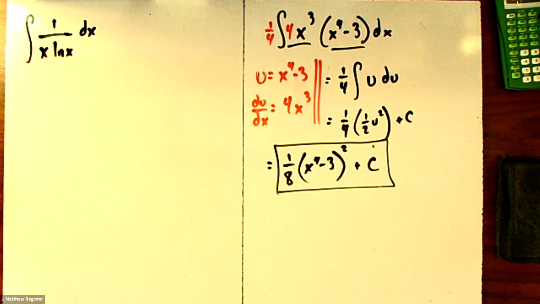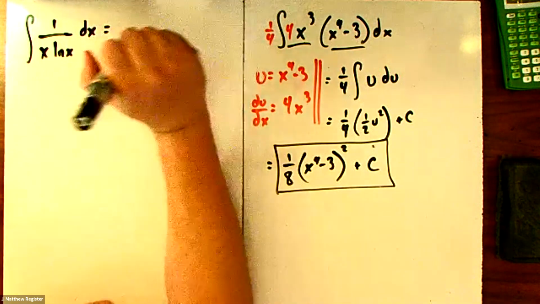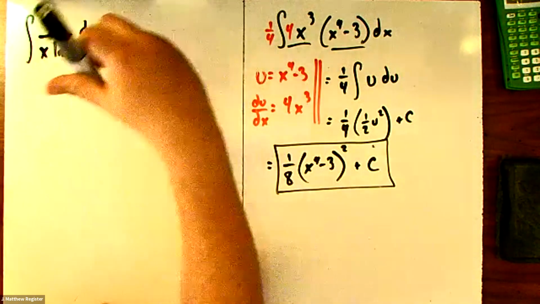And so looking at this, it might not be apparent that you have an interior function, or figuring out what the interior function is might itself be kind of tricky, because we have 1 divided by x times the natural log of x. What might help is to instead think of this as the product of 2 functions.